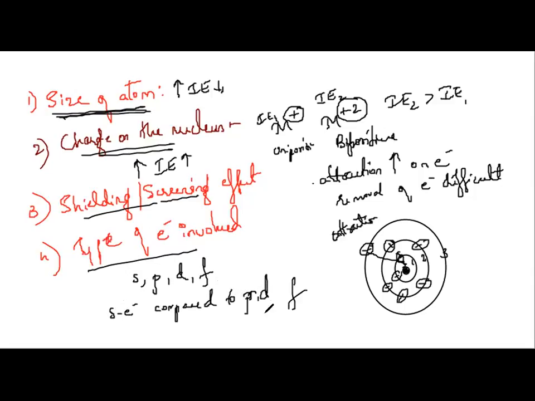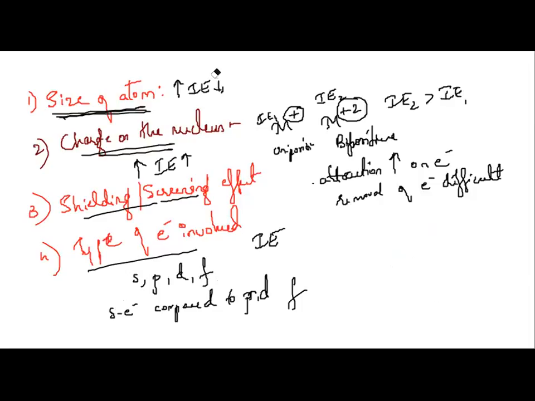Therefore, we say ionization energy decreases in the order: the highest ionization energy is required to remove s electrons, then p electrons, then d electrons, and then electrons in the f orbital.